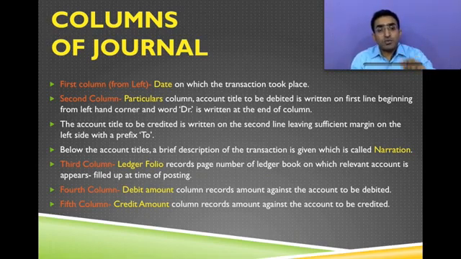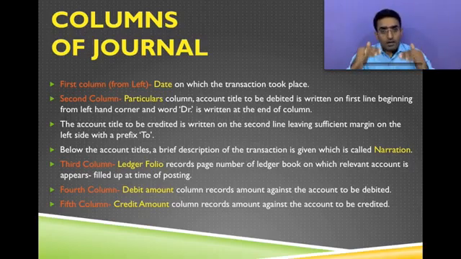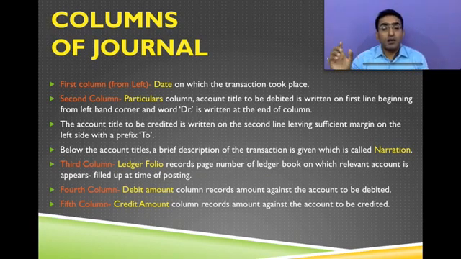Whichever account is to be debited, we will write Dr. in front of that. अगर कोई अकाउंट डेबिट होना है तो उसके आगे Dr. डॉट लिखा जाएगा. अगर कोई अकाउंट क्रेडिट होना है तो उसके पहले To लिखा जाएगा. परमानेंट प्रीफिक्स Cr. डॉट नहीं लिखेंगे, To लिखेंगे. After this is written, हम एक ब्रैकेट लगाते हैं, सिंपल ब्रैकेट, इन विच वी रिकॉर्ड नरेशन. नरेशन इज व्हाट? द डिस्क्रिप्शन ऑफ द ट्रांजैक्शन.